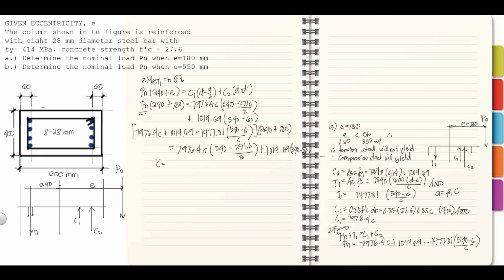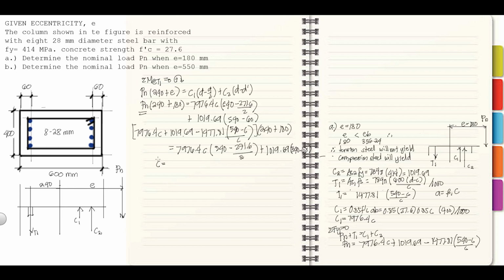So what will be the answer for C here? Anong value ng C? So compute natin, and after this, we check do sa mga assumption natin. So, 7976.4 C plus 1019.69 minus 1477.81 times 540 minus C all over C. This is multiplied by 240 plus 180.